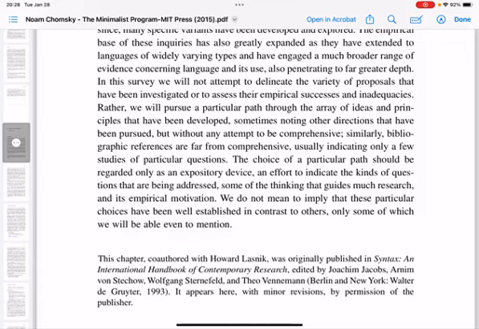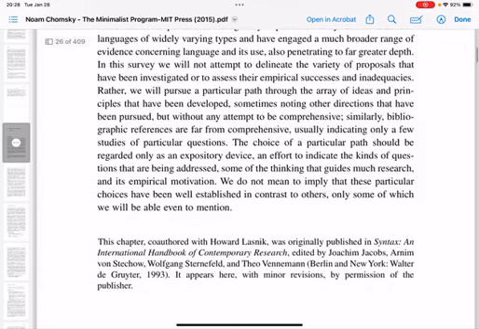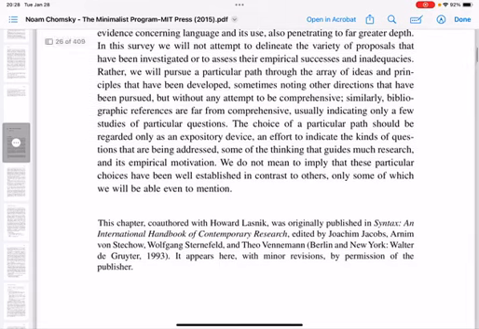Rather, we will pursue a particular path through the array of ideas and principles that have been developed, sometimes noting other directions that have been pursued, but without any attempt to be comprehensive. Similarly, bibliographic references are far from comprehensive, usually indicating only a few studies of particular questions.